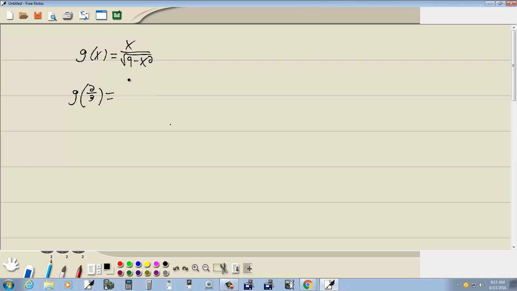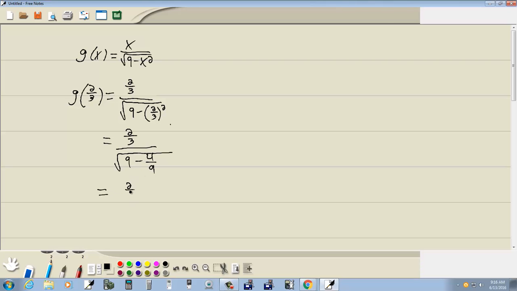If we put 2/3 in for x, so I got 2/3 over the square root of 9 minus 2/3 squared. So I got 2/3 over the square root of 9 minus 2 squared is 4, 3 squared is 9. So I got 4 ninths.